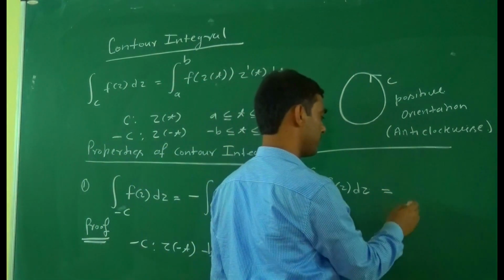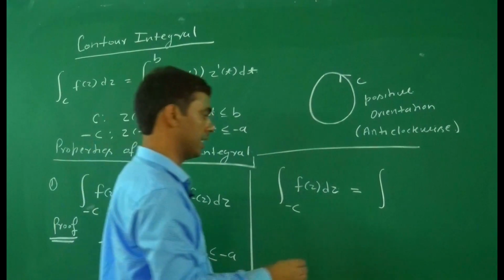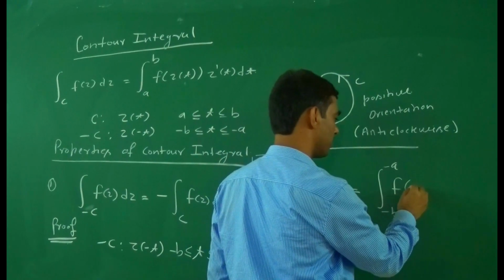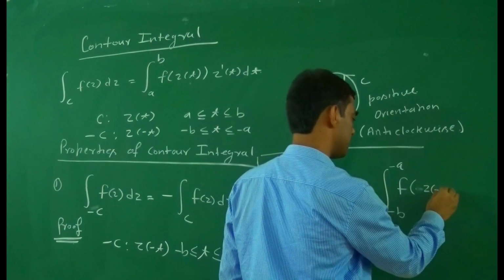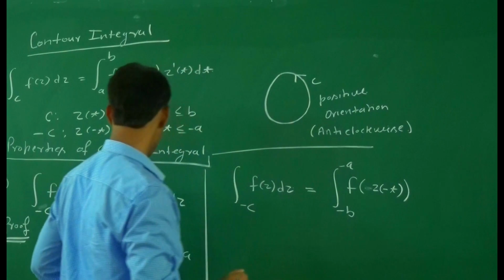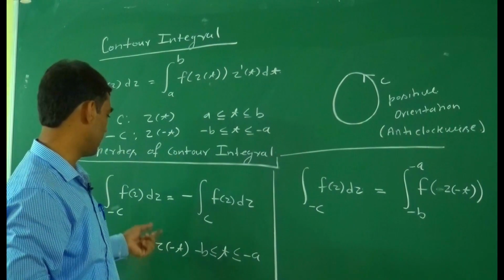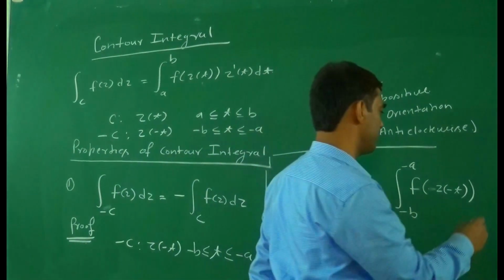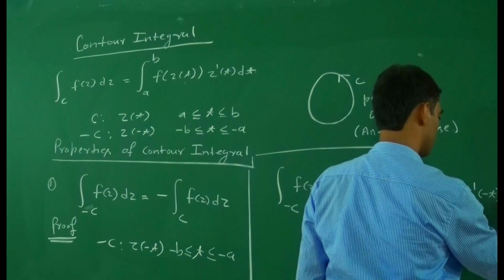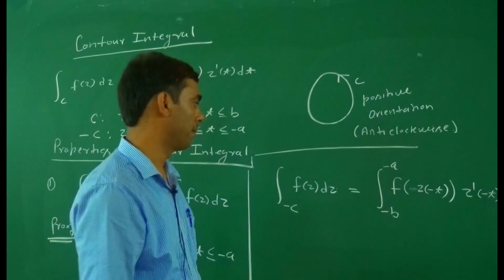So this equals the integral from -b to -a of f(z(-t)) times the derivative. Writing it in the form f(z(t)) z'(t), the derivative of z(-t) is z'(-t) times minus 1, and then dt.